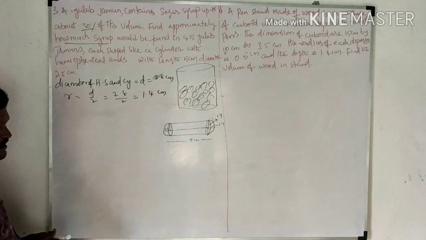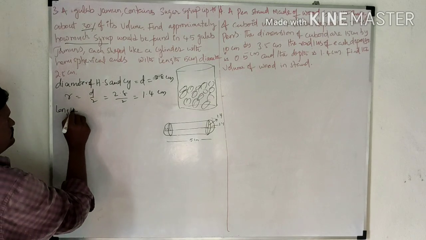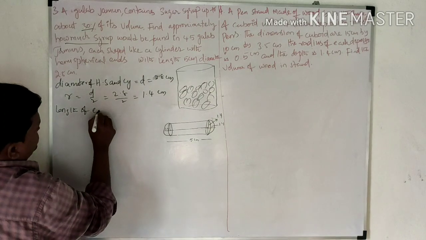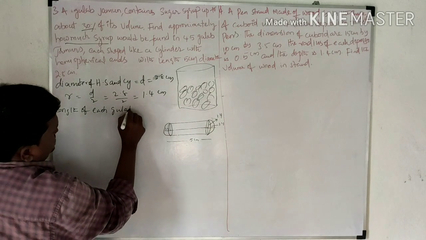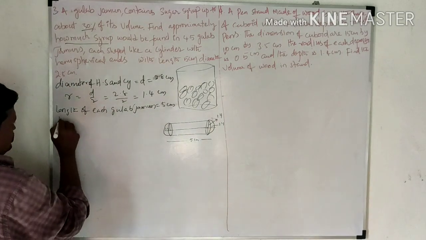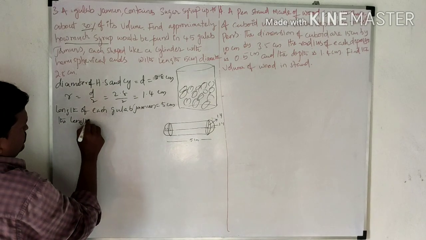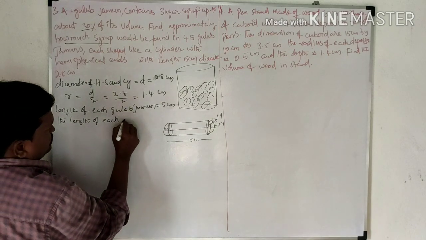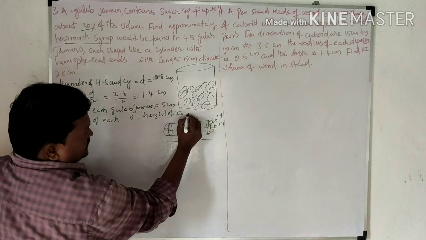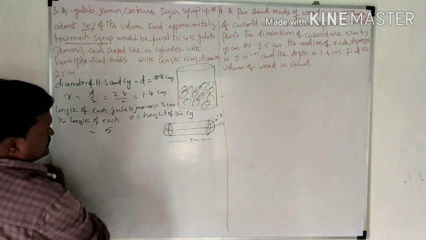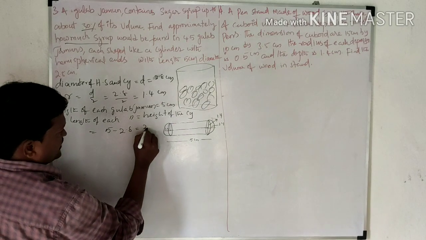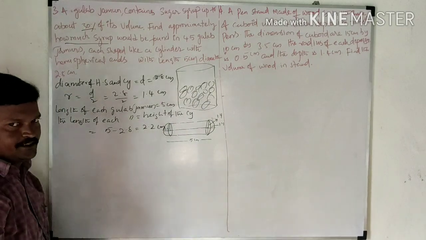The length of each gulab jamun is 5 centimeters. The height of the cylinder is the total length 5 centimeters minus 1.4 plus 1.4, that is 2.8, so it will be 2.2 centimeters.